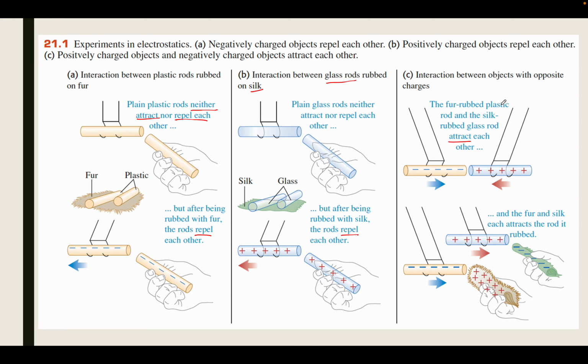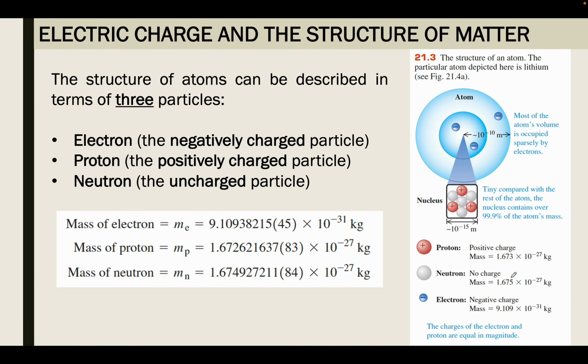The fur-rubbed plastic rod and the silk-rubbed glass rod attract each other because they have different charges. Also, the fur and the silk each attract the rod they rubbed. Here are some examples of electrostatics.